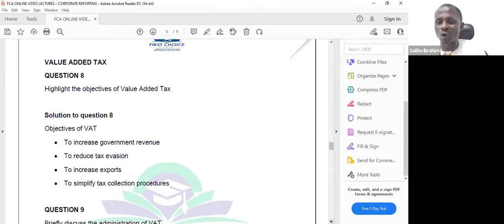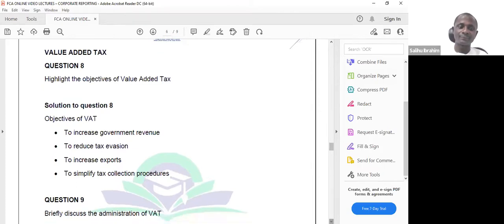So administrative cost is reduced on the part of the revenue authority. At the end of the month, they are just waiting for companies to come and remit. No tax official is running after you. You have collected the money from the customer, so it's not your money. Go and pay it to the government. So it reduces the administrative cost of taxation to the tax authority. These are the objectives of value-added tax.